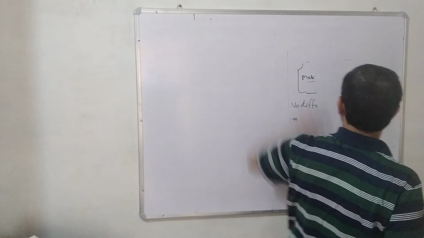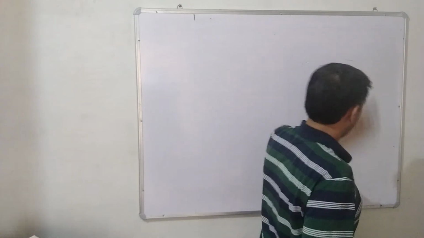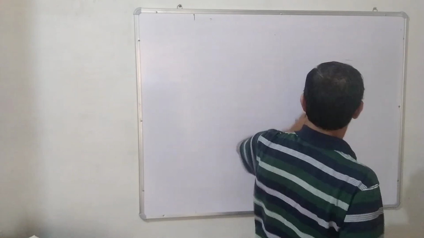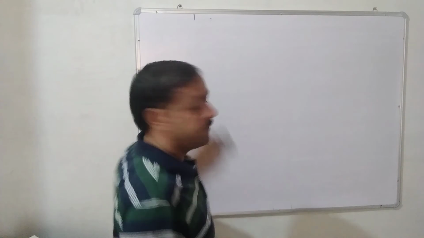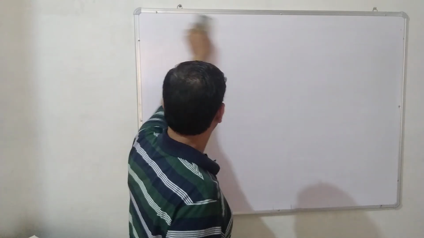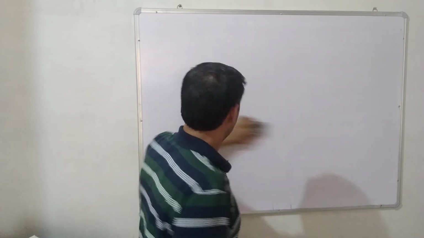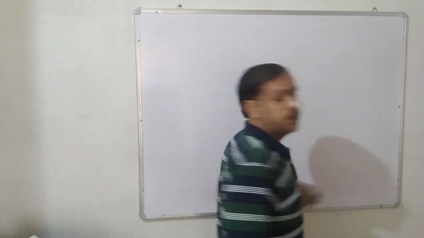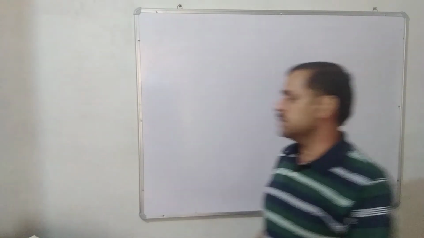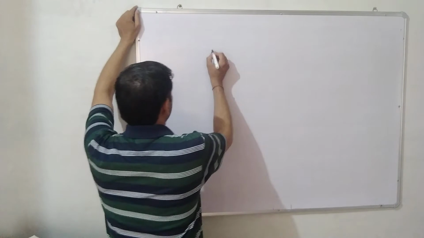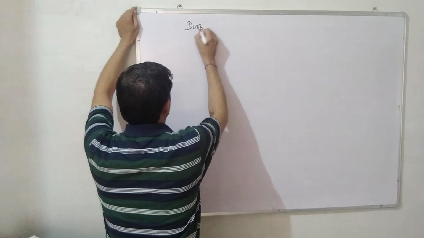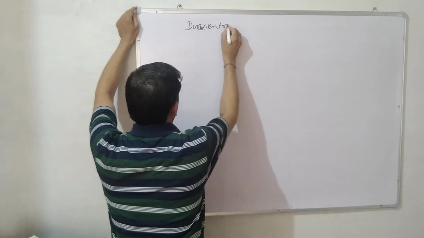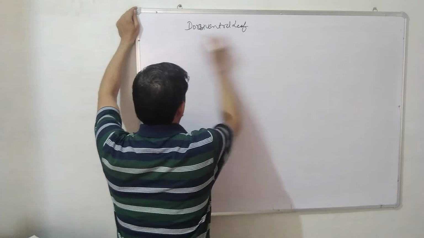So you can easily see the structure, and whenever you have to write the description of these leaves, you can draw the diagram and make one line for each label, and that is its description. So first of all, the dorsiventral leaf. Here I draw a diagram of the dorsiventral leaf.